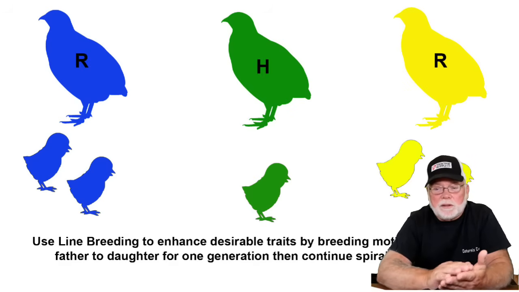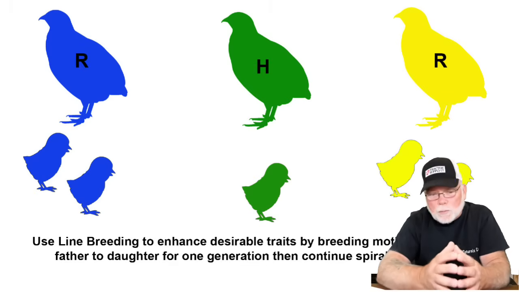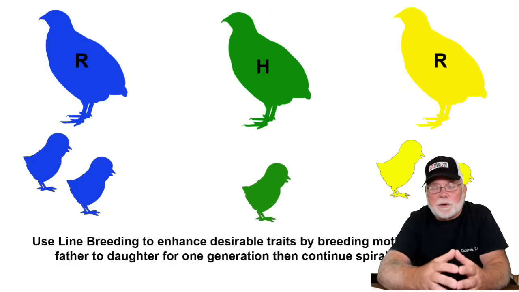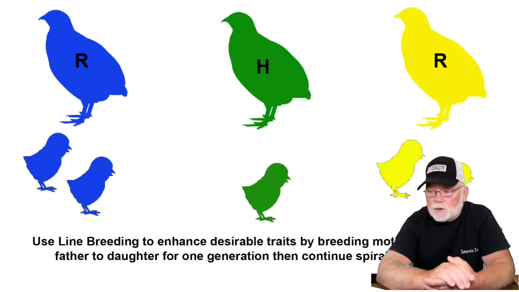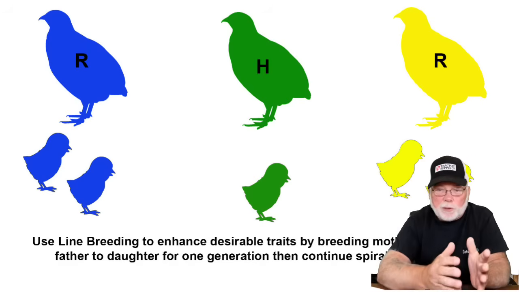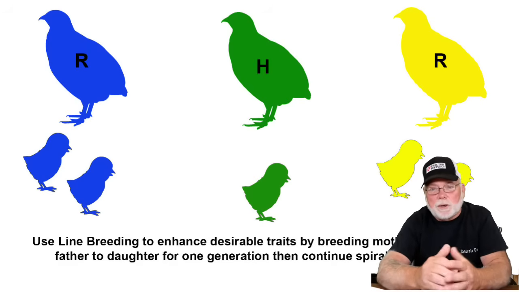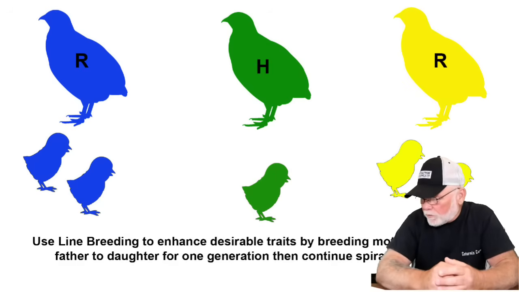You don't know anything about the genetic makeup of that bird. They call it outcrossing. But the problem is most people that are selling you new blood, unless they're experienced breeders and they have their own spiral breeding program, you're most likely just going to get a bunch of mixed genetics. There's a difference between breeders and producers. Producers just breed a whole bunch of birds, and it's kind of a crapshoot what you're going to get from them.